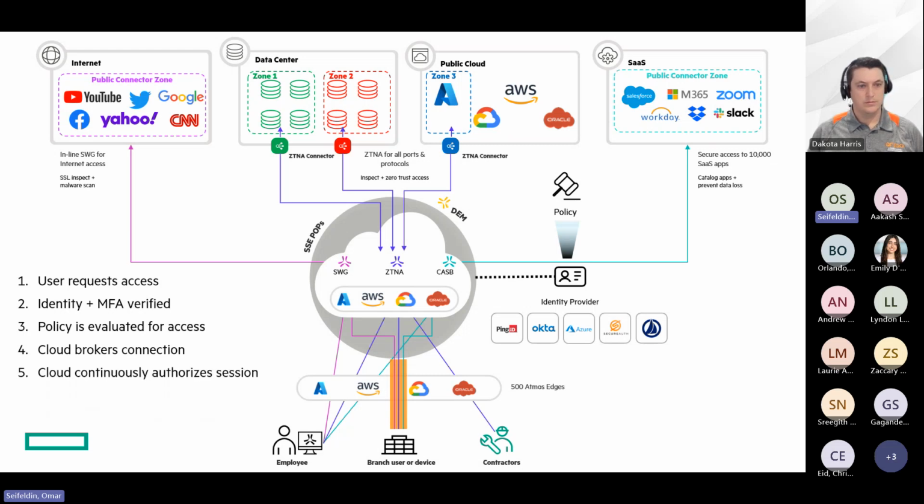And of course, we continuously authorize the sessions in real time. So if you want to disconnect a user, it's just one click and the user will be disconnected. You don't need to wait until the user is logged out or anything.